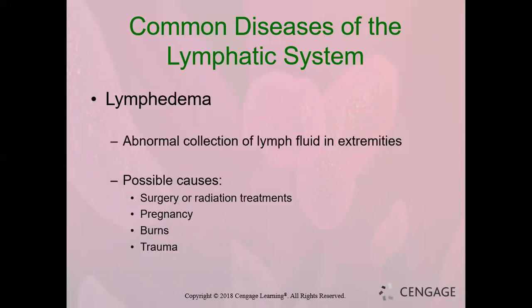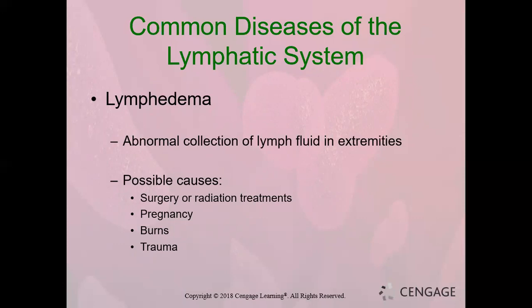This is an abnormal collection of lymph fluid in the extremities, lymphedema. This is a very interesting one. I don't know if any of you have had this before. I had this when I hurt my leg in a mower accident, and I had lymphedema in the lower part of my leg. This was due to trauma for me, but it can be due to surgery, pregnancy, burns, radiation treatments.